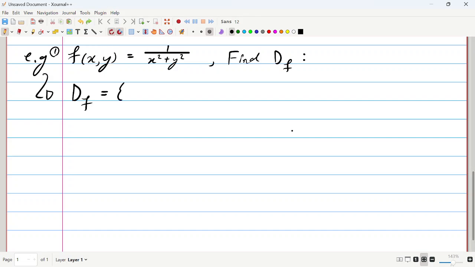So this is how we are going to notate it. It'll be x, y, an element of the real number set in this third dimension, or just x, y simultaneously, where we will have x squared plus y squared is not going to be equal to 0, because we can't have that denominator being equal to 0.